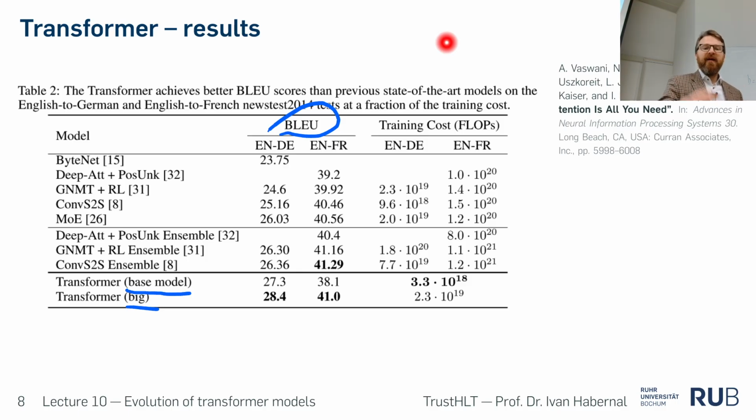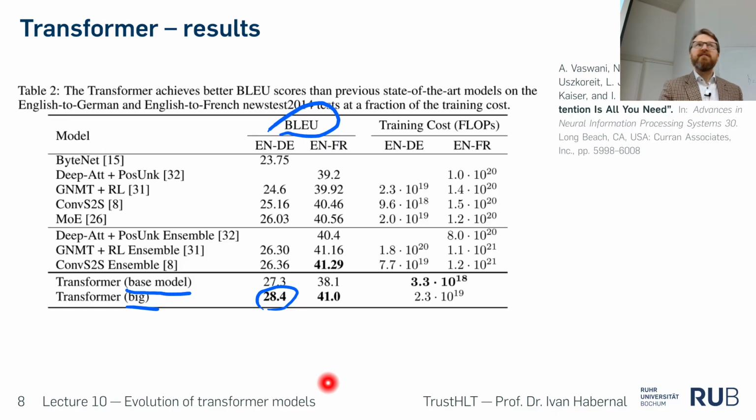So 100 would be the best, but you don't want to get 100 because it would be just too perfect, and you need some sort of variance in the generated text. So BLEU scores around 40, 50 are considered great. And the transformer model got almost state-of-the-art results, I mean, absolutely state-of-the-art results on English-German and English-French. And an improvement by 1 or 2 points in BLEU score is actually very good.